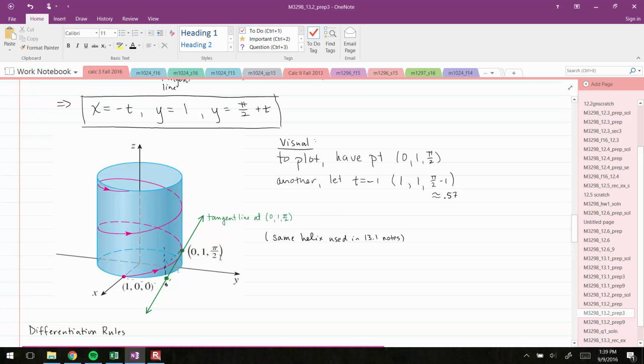And what we just found was the parametric equations of the tangent line. It's just a line in vector form. This was for t equals pi over 2. If I let t equal something else, I can get another point to draw a line. So we can appreciate that when we have this coil here, the tangent line in 3D would be in this orientation.